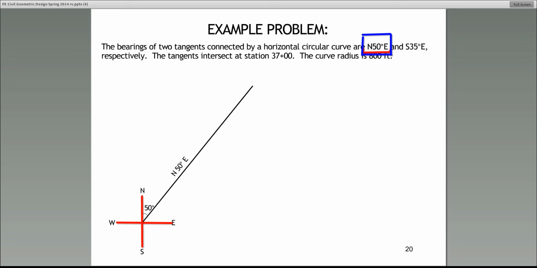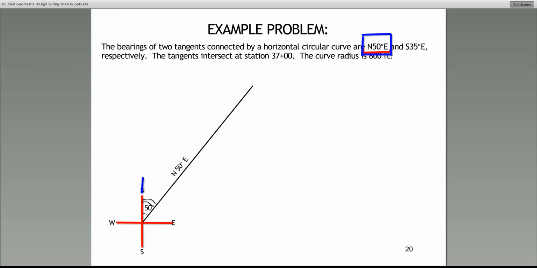N stands for north. So here's what you do. Due north, you go exactly 50 degrees, in this case, towards east. Why towards east? Because it says north 50 degrees east. So the second letter tells you which direction to rotate. So there it is. The bearing angle is 50 degrees, and it goes from north to east.